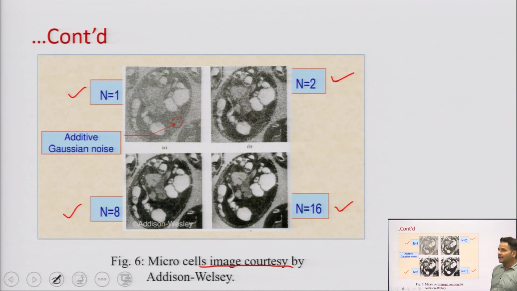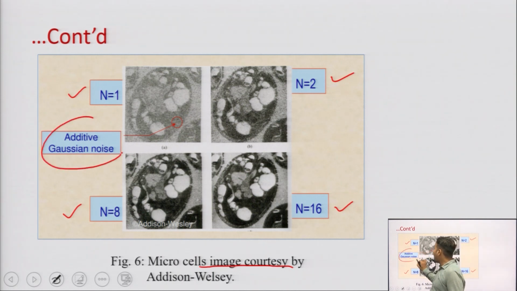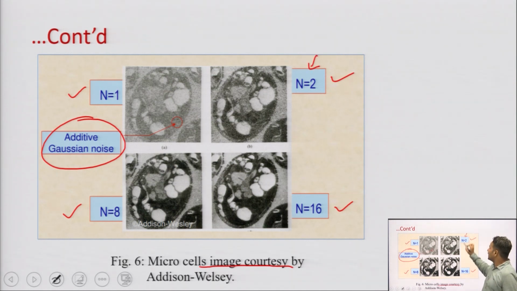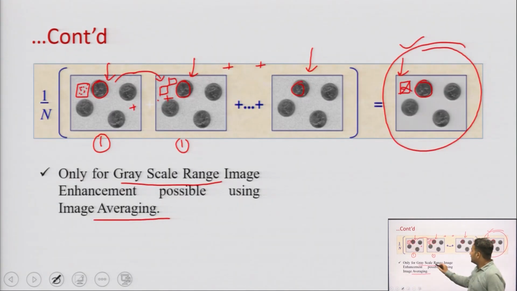If we have n equal to 1, then the image is noisy. Here you may observe additive Gaussian noise, a type of noise we will also talk about later. And if we take n equal to 2, that means two images are taken into account.